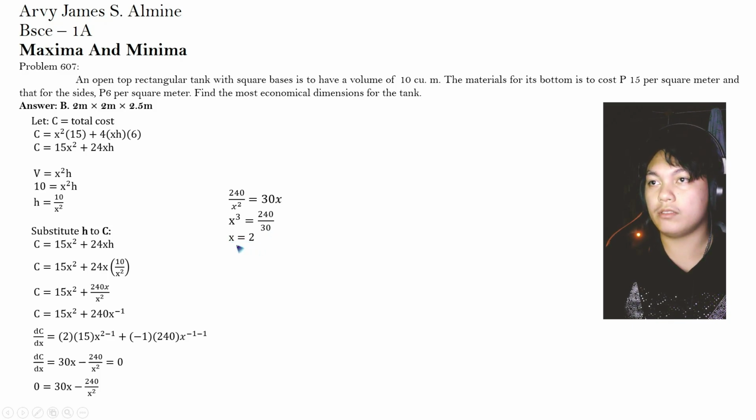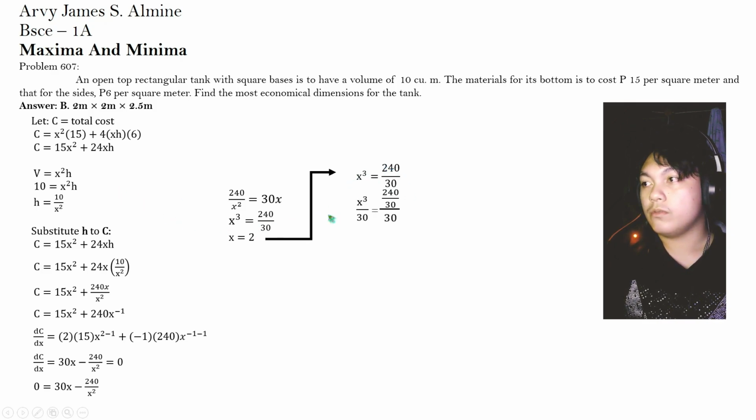How do we get x equals 2? So x cubed is equal to 240 over 30 from the problem. To solve the equation x cubed equals 240 over 30, we can simplify it by dividing both sides by 30. So we have x cubed over 30 equals 240 over 30 over 30.